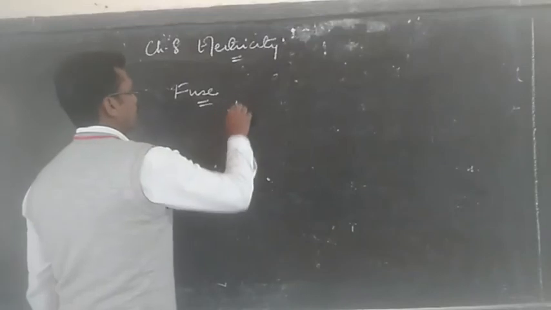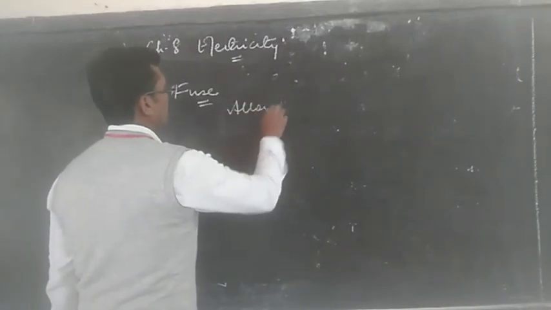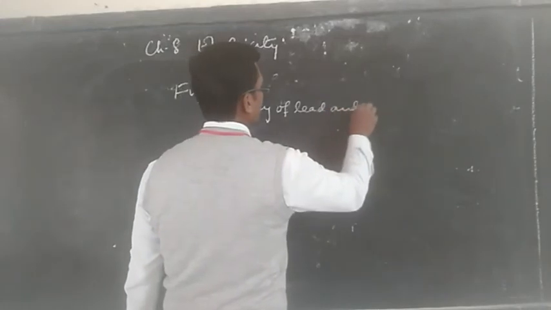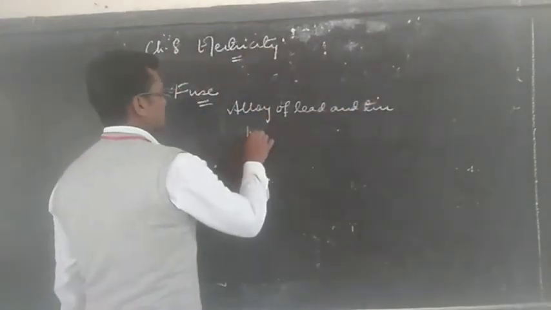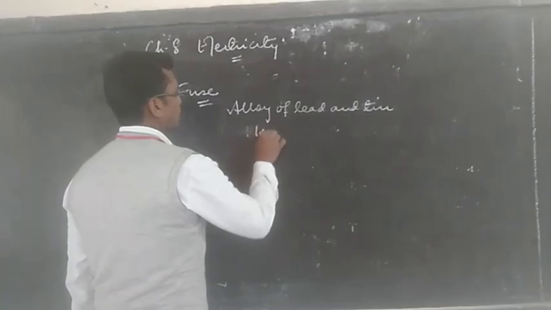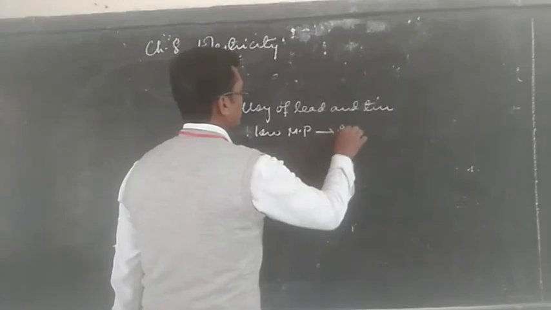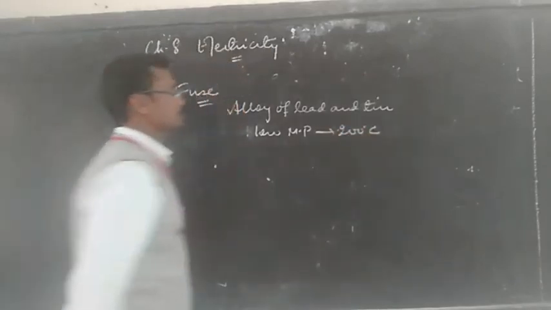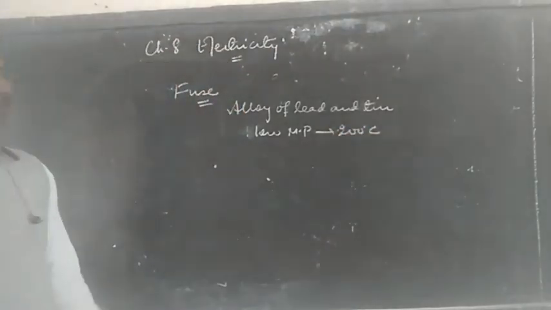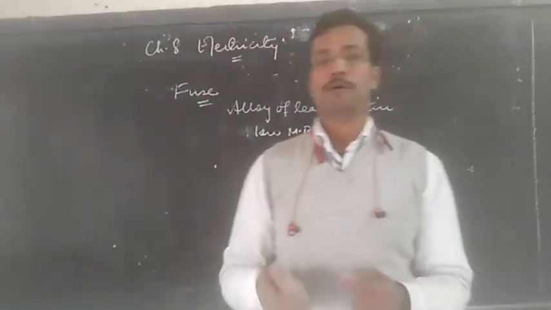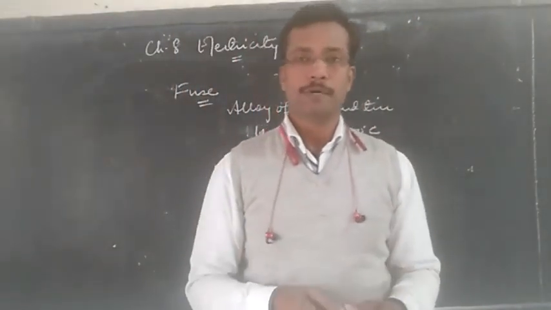So this fuse is made of an alloy of lead and tin. This has a very low melting point of around 200 degrees Celsius. So this is not an ordinary metal. We cannot have a copper wire to make a fuse wire.